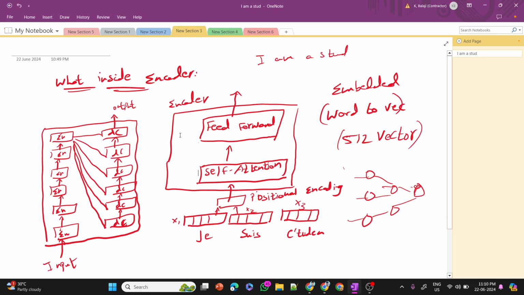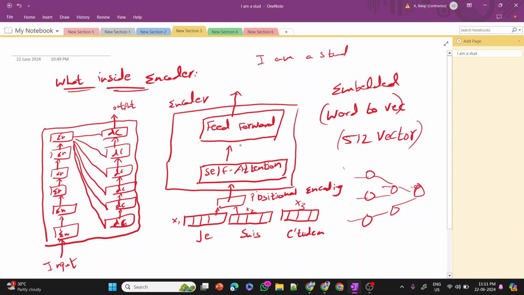What we saw inside the encoders, the same thing will be there inside a decoder, but not only self attention. Inside the decoder, masked self attention will be there.